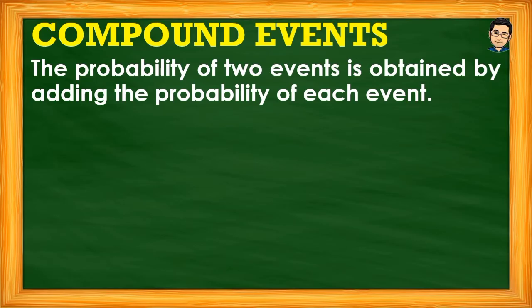So, the probability of two events is obtained by adding the probability of each event. Okay, so, we are now on compound events. Paano natin sinosolve kapag compound events?